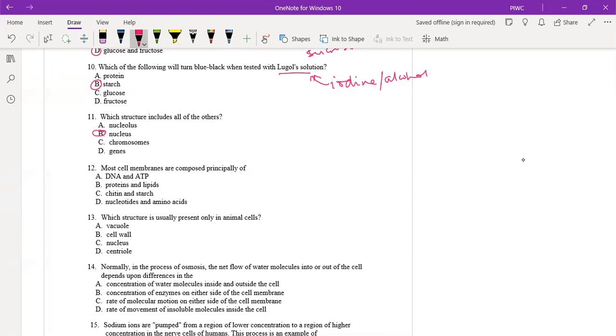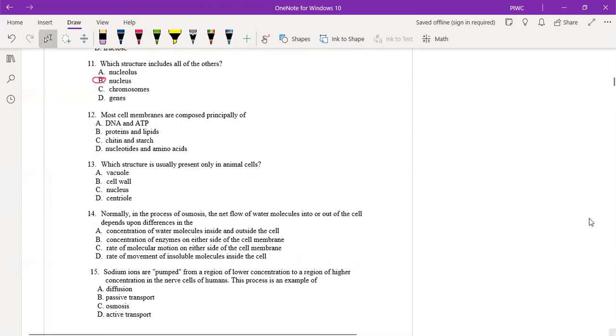All right, number 12. Most cell membranes are composed principally of DNA and ATP, proteins and lipids, chitin, starch, nucleotides, and amino acids. Cell membrane.